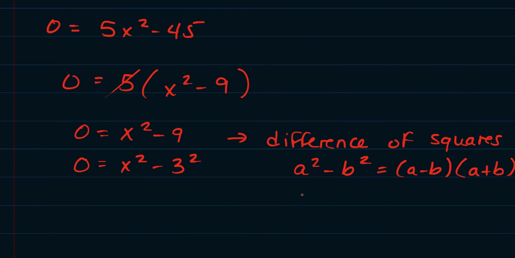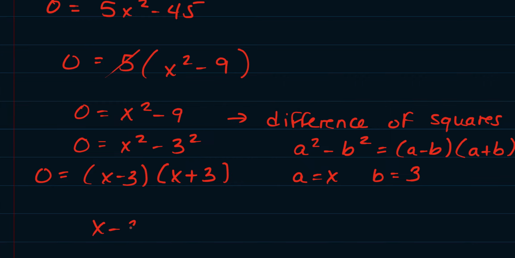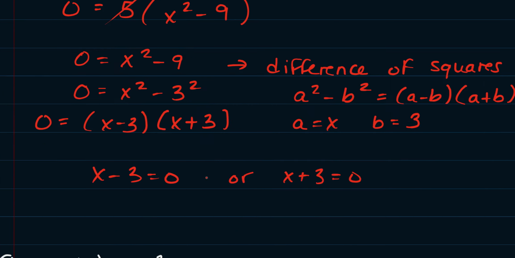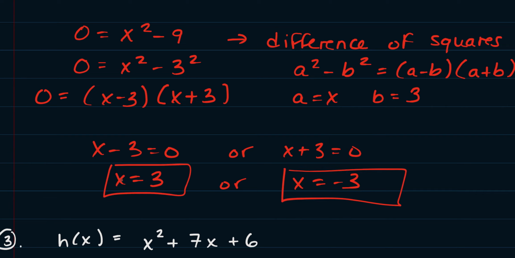So here's my a, and b is equal to 3. So this factors into x minus 3, x plus 3. So set each piece equal to 0, and you'll get x is 3 or x is negative 3. So those are our 2 zeros.